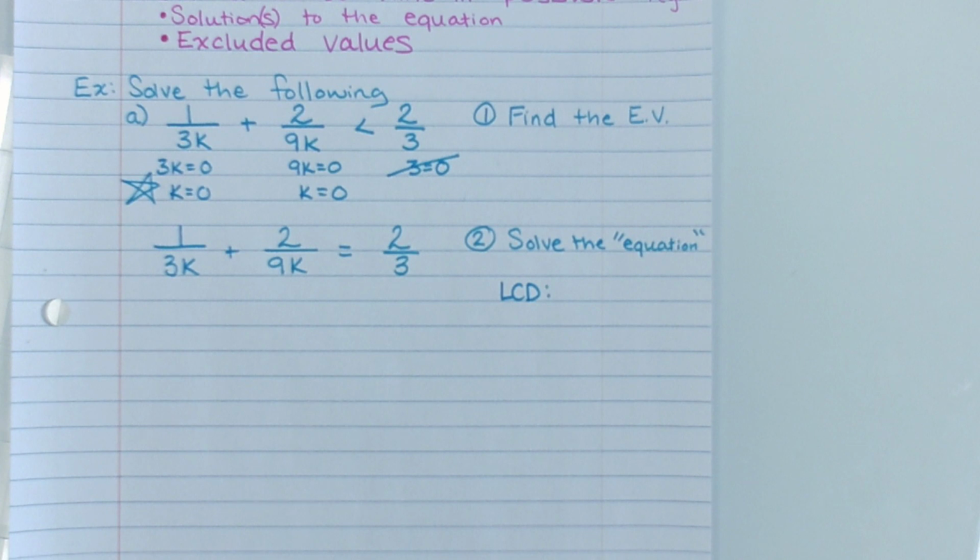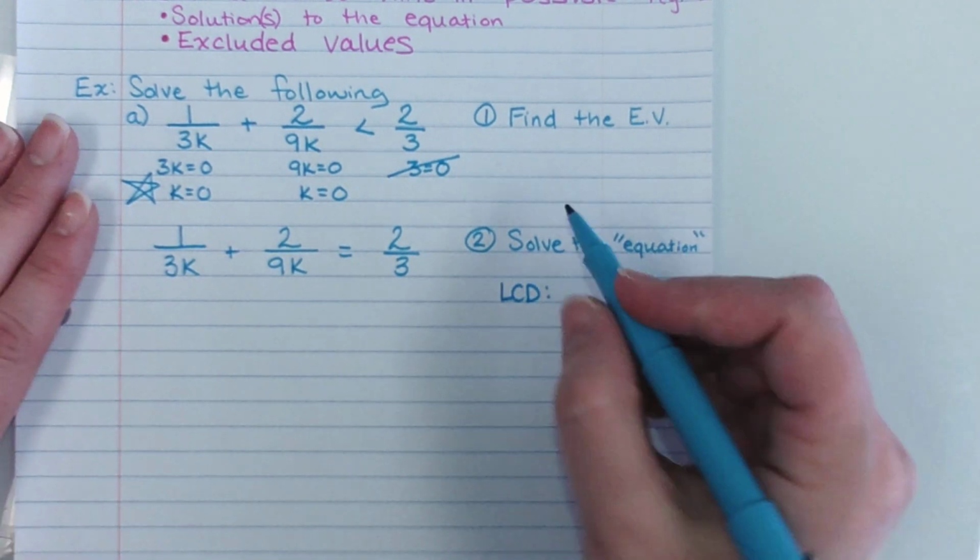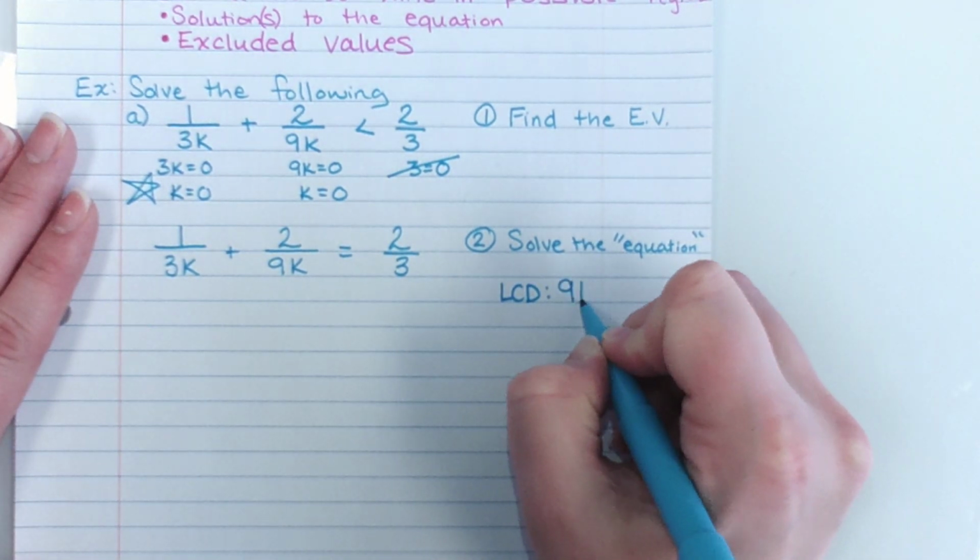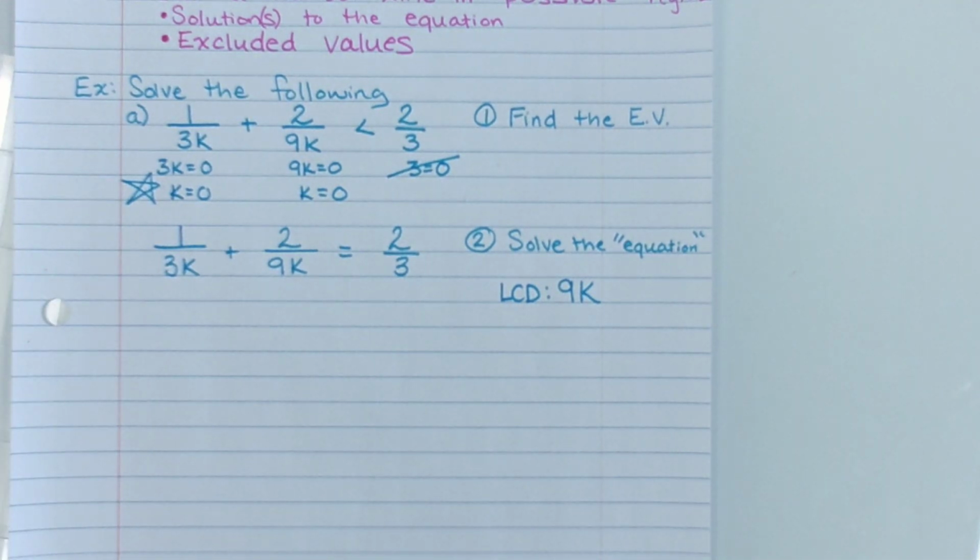Numbers, I've got a 3, a 9, and a 3. The smallest thing 3, 9, and 3 all go into is 9. Okay, I've got a K, and no Ks. K to the first power. Variables, you take them to their highest exponent. Highest exponent here is just 1, so the least common denominator is 9K.